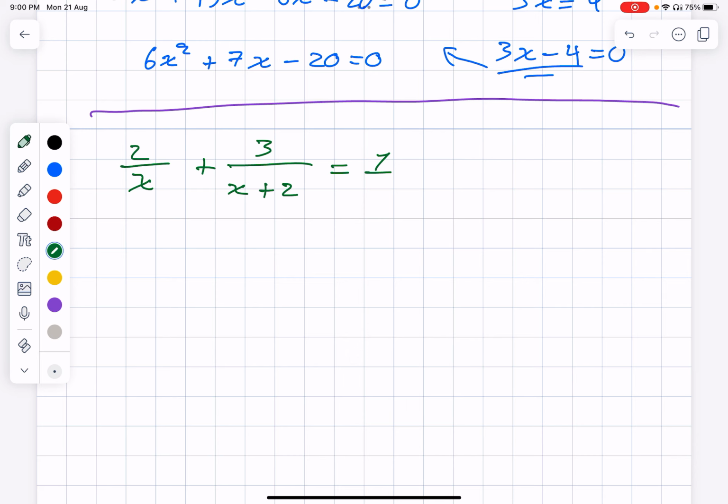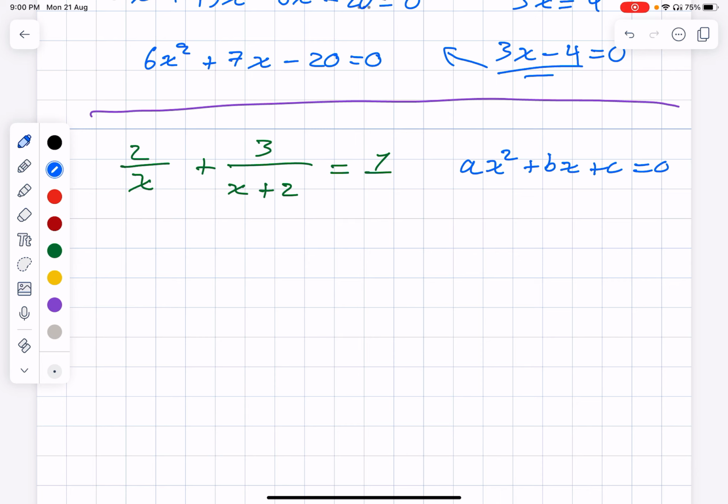What they want from you right now is for you to change this entire equation to that form, back into ax squared plus bx plus c equal to 0.